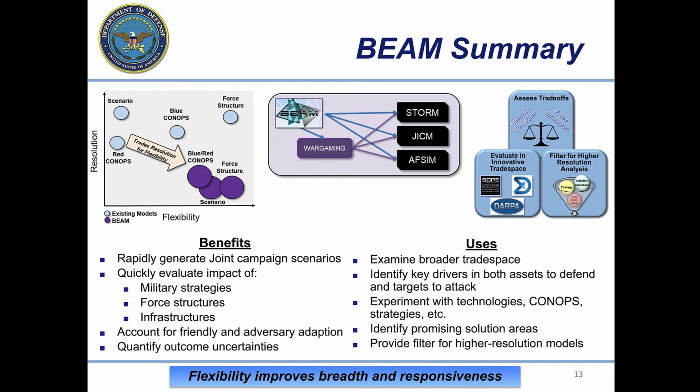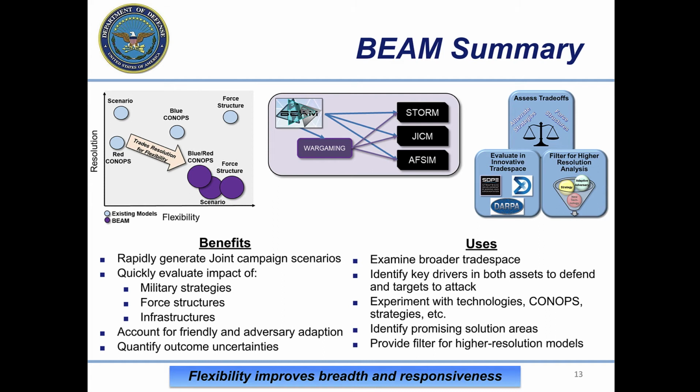The benefits include being able to rapidly generate joint campaign scenarios, which means that Beam is able to represent combat units and systems from all military services. Beam incorporates missions for ground units alongside ship, aircraft, and satellite missions to represent an overall combat effectiveness in the same construct in which the military services actually organize.